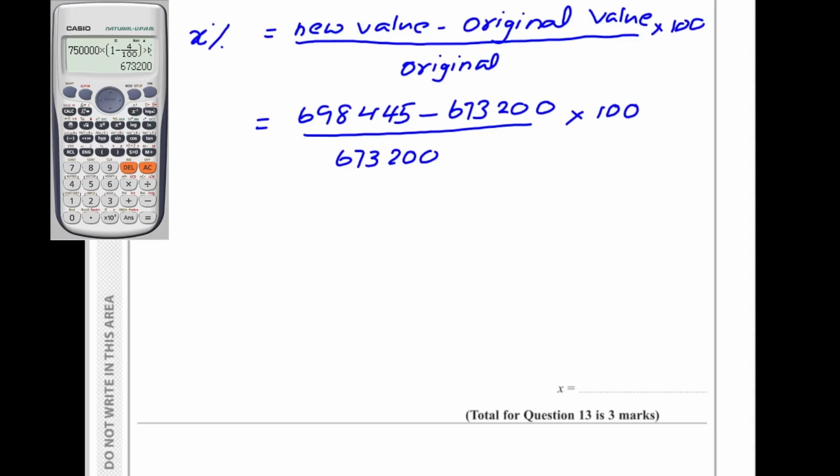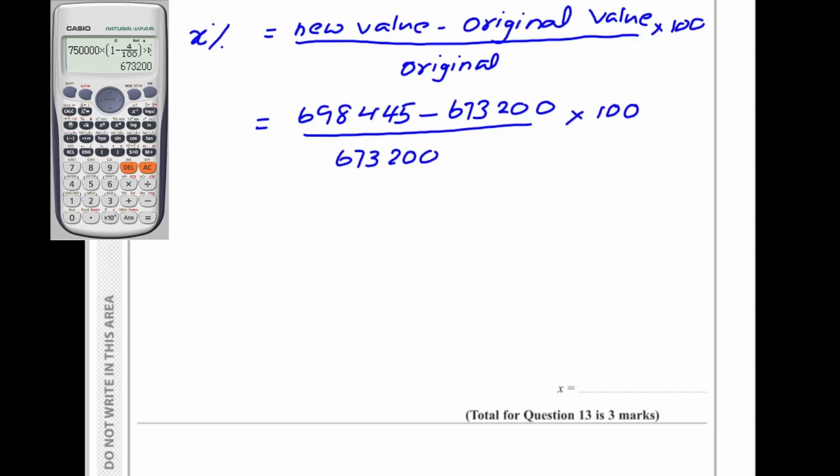So here 698,444 minus 673,200 over 673,200 into 100.